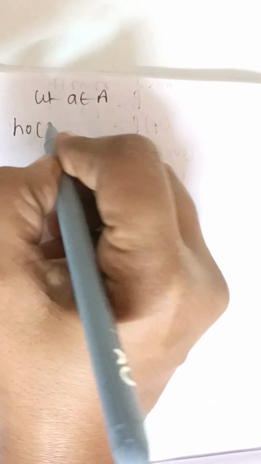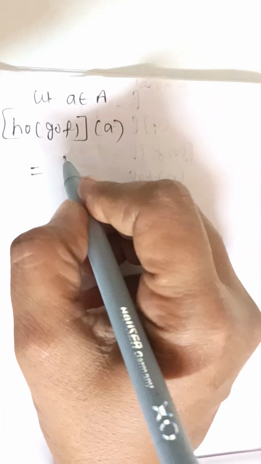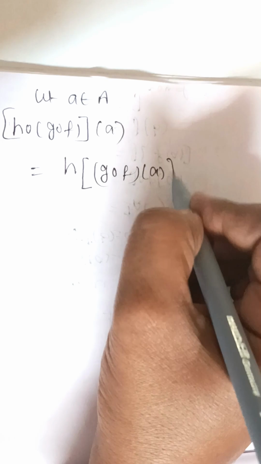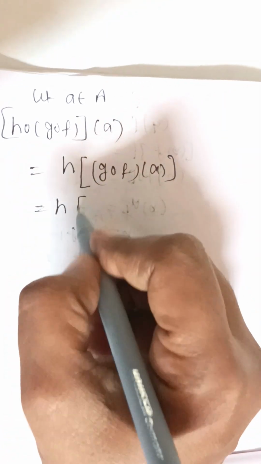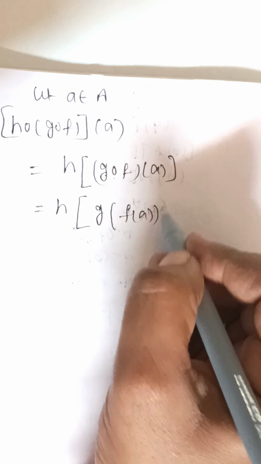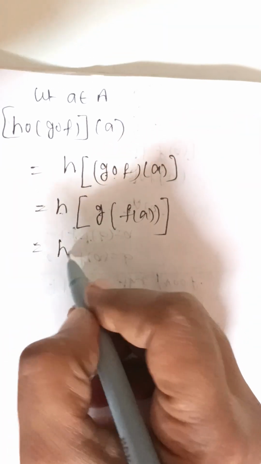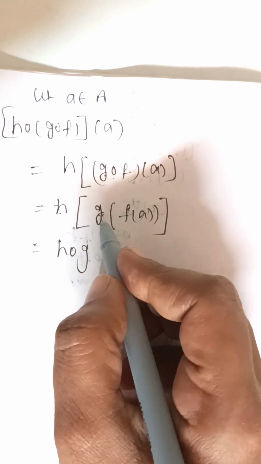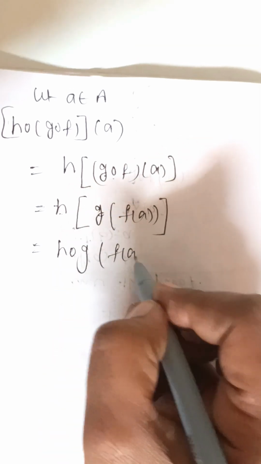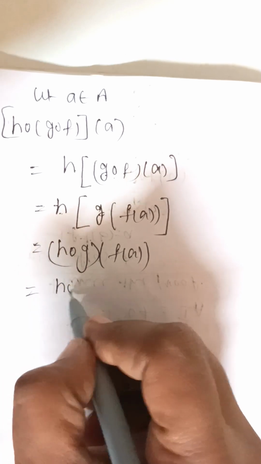Okay, let a belongs to A. h circle (g circle f) of a equal to h of (g circle f)(a), which is h of g of f of a. Okay, then for these two we can take a circle: (h circle g) of f of a.